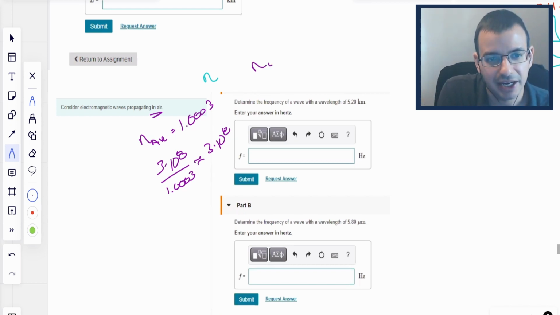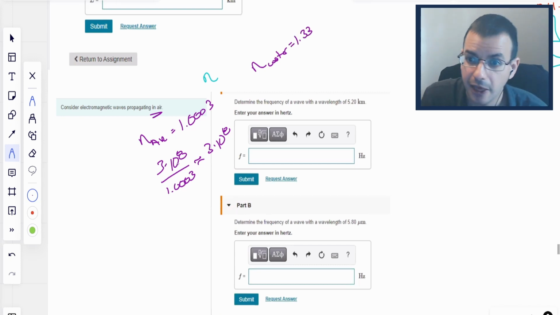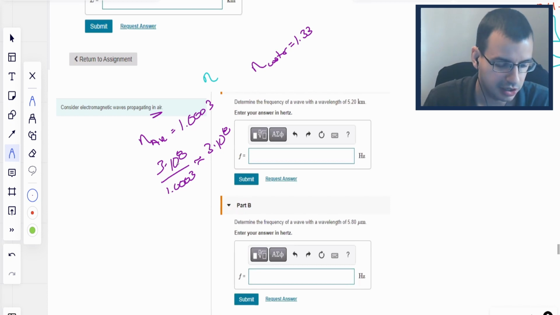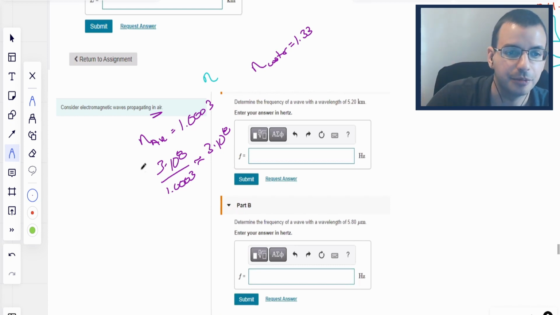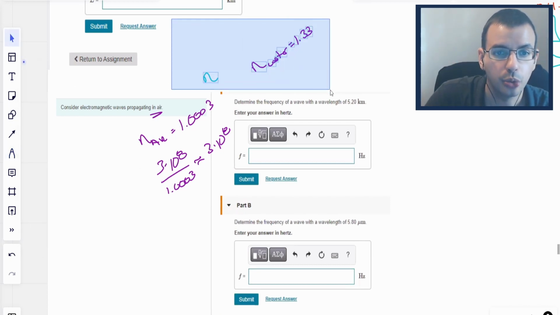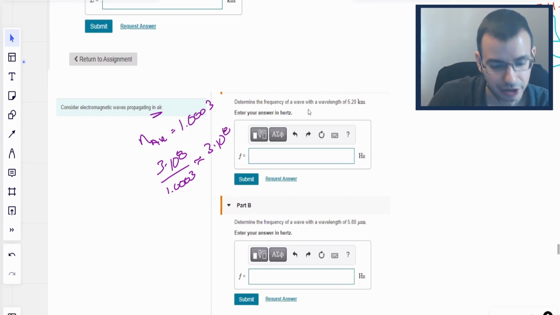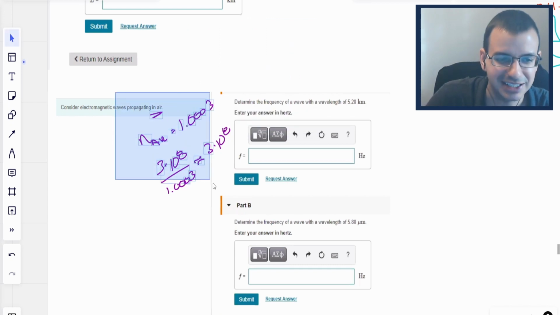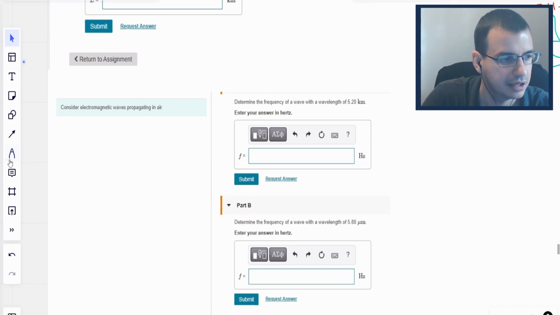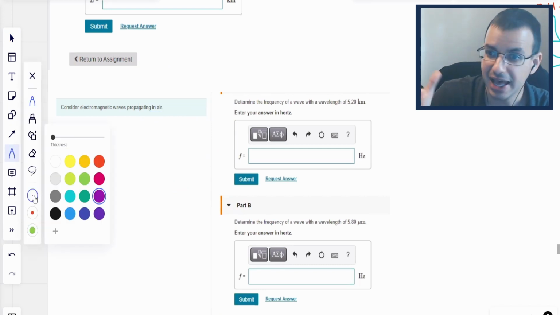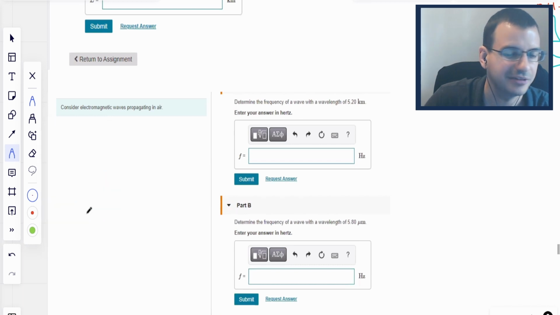When you see propagating in something like water, that's about 1.33. That's significantly slower, and you have to take that into account. But for air, it's basically the same speed as vacuum. Not exactly, and there are some significant effects that come from that, but for most of these problems, we're fine. It's close enough.